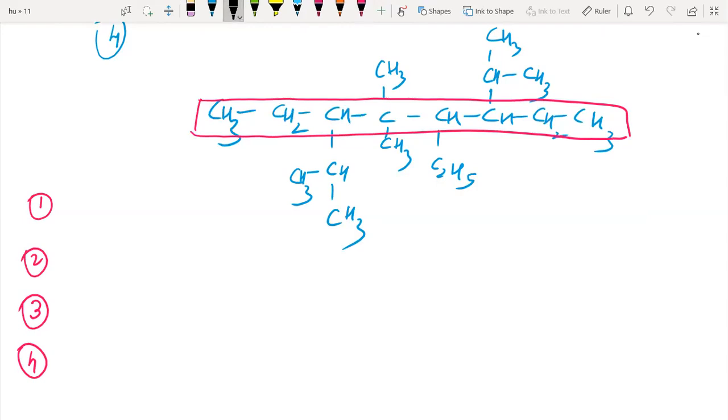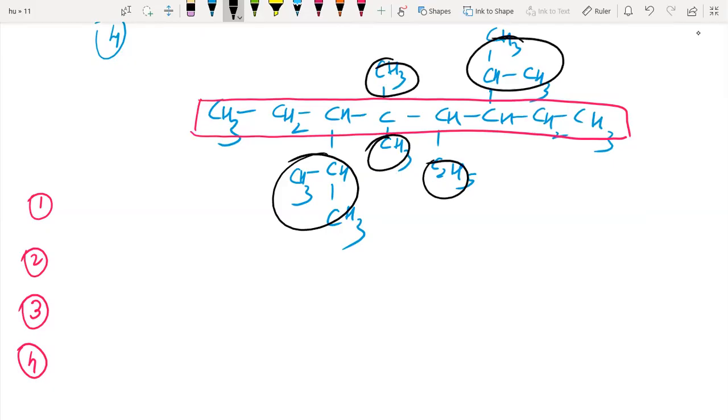Identify the groups. So we are getting 1, 2, 3, 4, 5. We are getting 5 side chains in this. Okay, and the selection was like this, straight, and 5 side chains we are getting.